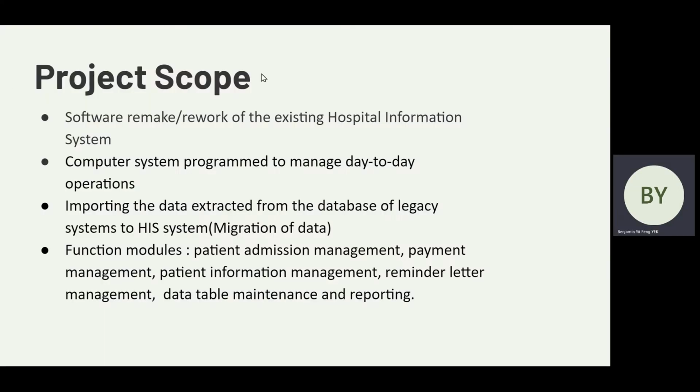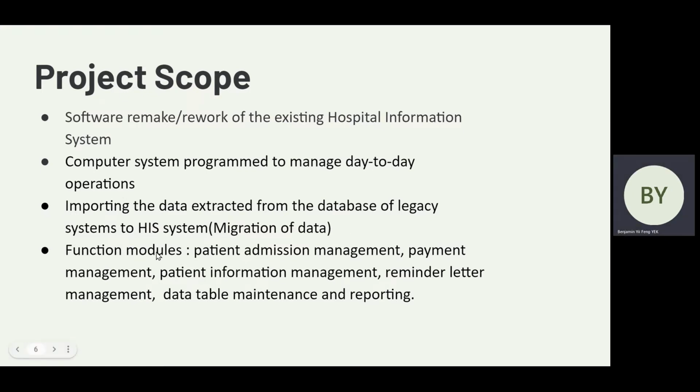So this is the project scope of our system. Our project HIA is a software remake of the existing system, a computer system programmed to manage day-to-day operations, and it imports the data extracted from the database of the legacy system into our HIS system. This migration of data will be done in phase 2.